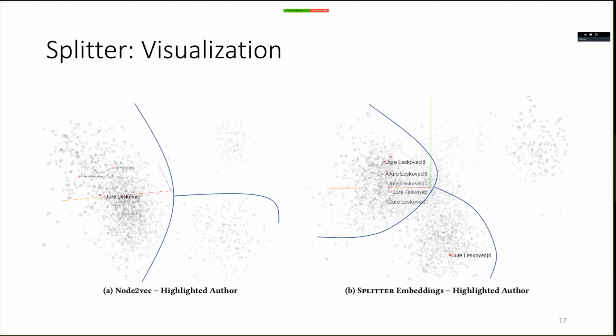And as you can see now, this is the result of the embedding visualized to compare between Node2Vec on the left and Splitter on the right. We have here three contexts: data mining on the left, information retrieval on the right above, and machine learning for graph on the right below.